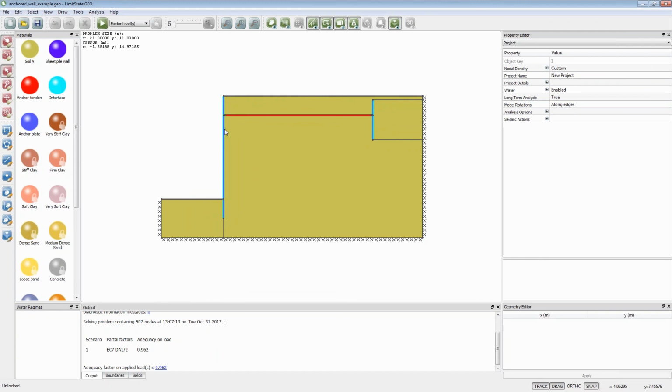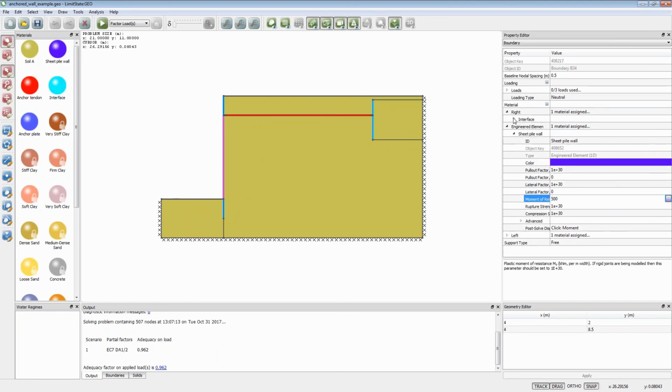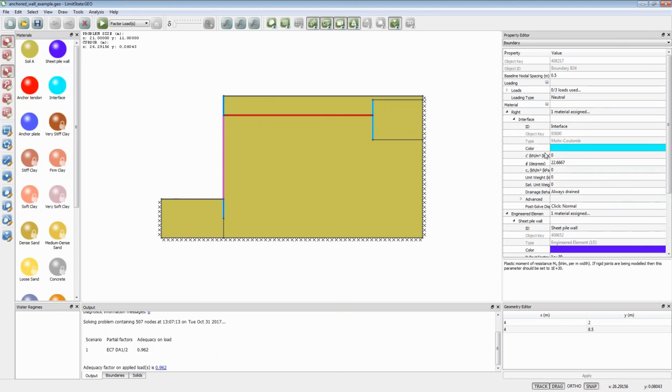The way the model is built is the wall is constructed using again an engineered element, which is a sheet pile wall with a bending resistance of 500, and either side of it, on the right and on the left, there's an interface material which defines an angle of friction.